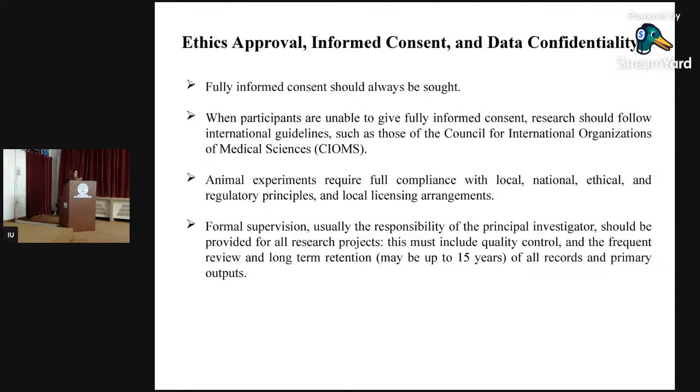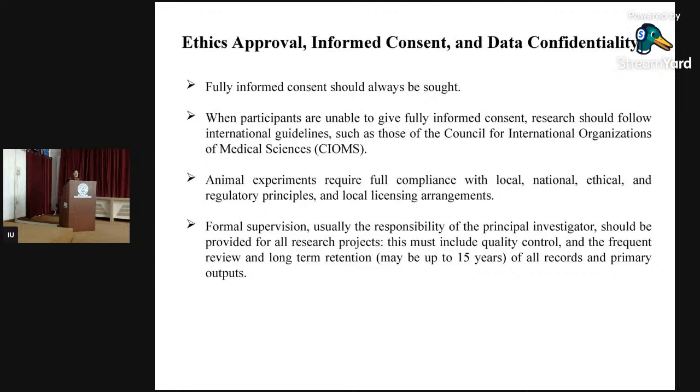You do not have to bombard the volunteer with so much jargon that he or she is not able to understand it. It is fully informed consent. So, the person should have a clear understanding of why the sample is being harvested and what the purpose of the research is, and he or she will sign on the consent form.